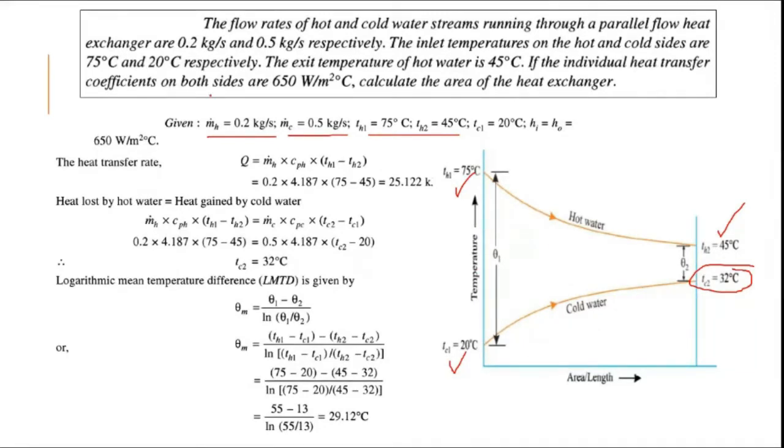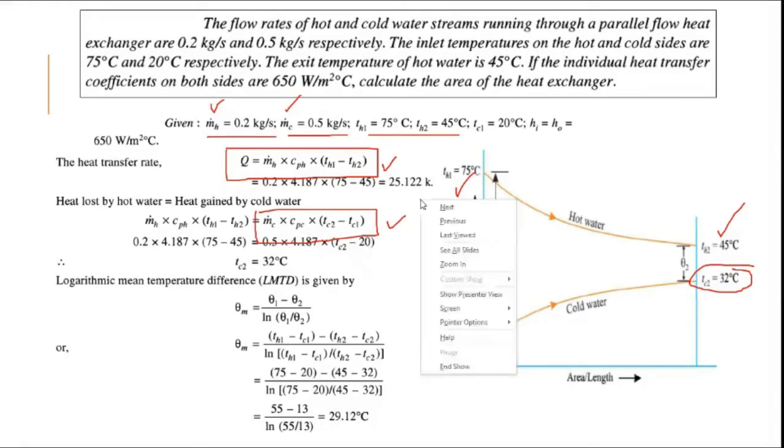We know mh value, we know mc value. We have two different relations for heat transfer. So Q is given by mh Ch (TH1 minus TH2), and Q is also given by mc Cc (TC2 minus TC1).